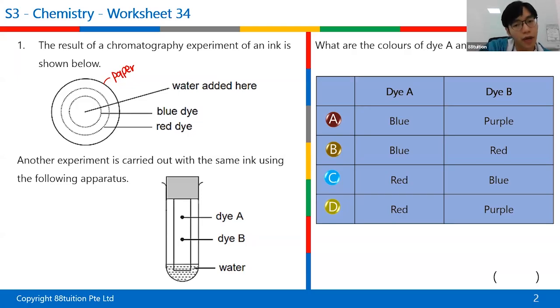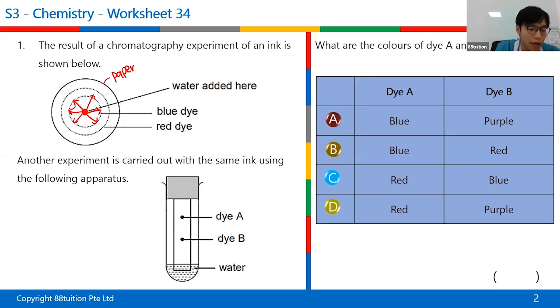So I think I will start to debrief. If you are still thinking, you can slowly think about the answer. Basically over here, they're just changing your traditional chromatography onto a round piece of paper. So they start by adding the water here, and because it's round, the water is going to move outwards, traveling out like a radius.